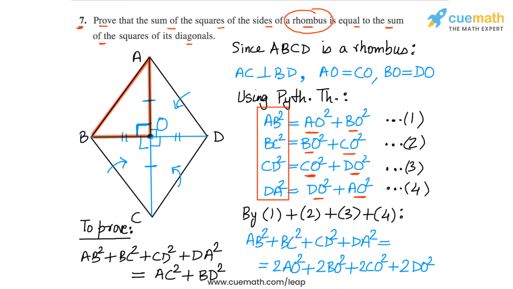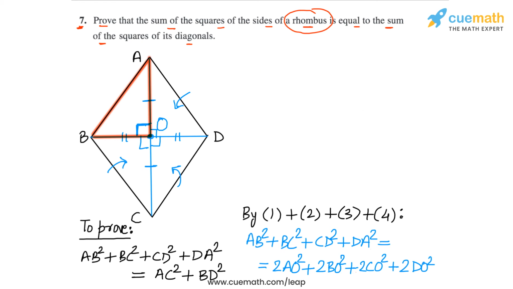So I'm going to make some space on the top. Okay, so on the right hand side we have twice AO square and twice BO square. So let's write it as it is. So twice AO square plus twice BO square, and then we have twice CO square. But now let's make use of the fact that CO is equal to AO. So instead of twice CO square, we write twice AO square itself, right? Because CO is equal to AO. And then we have twice DO square.